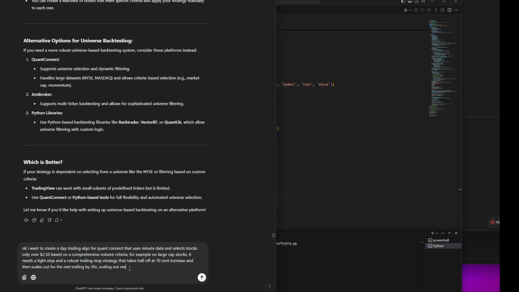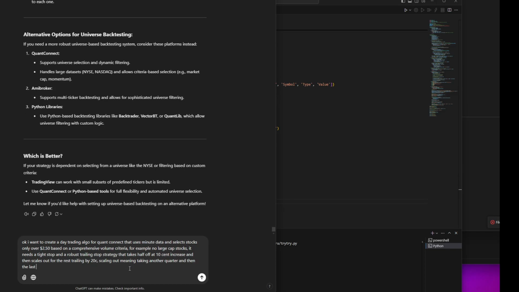Scaling out meaning taking another quarter and then the last quarter.